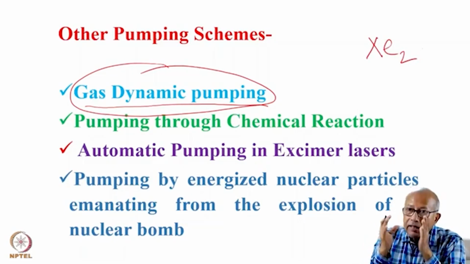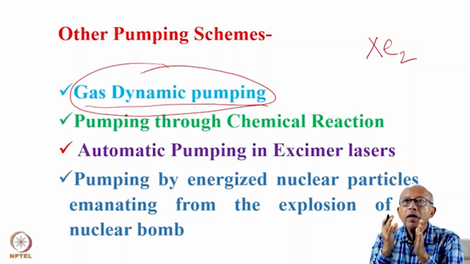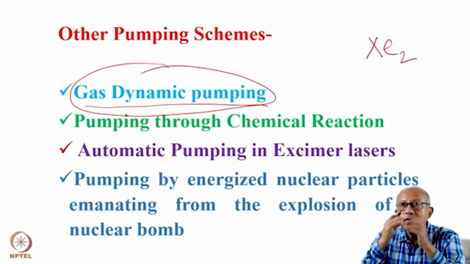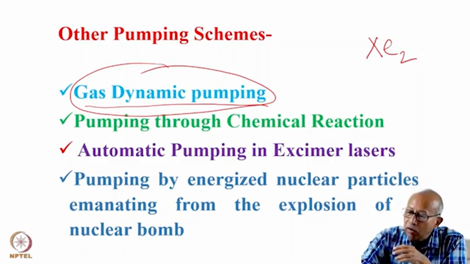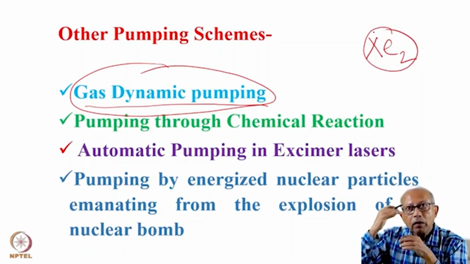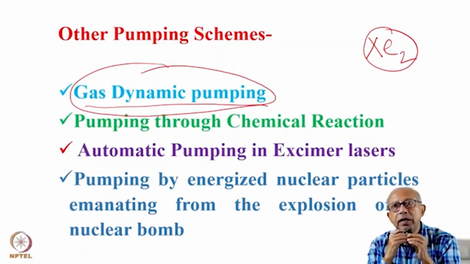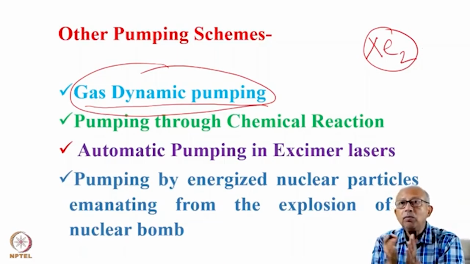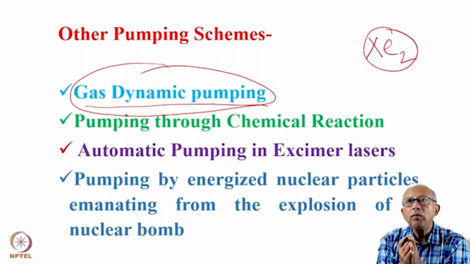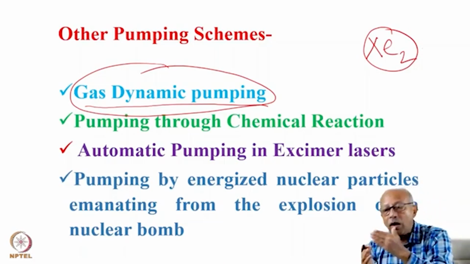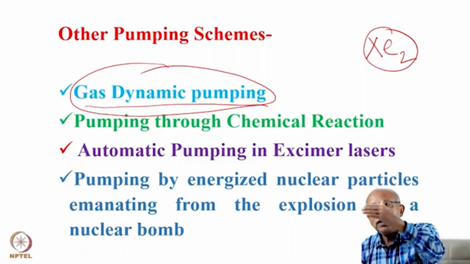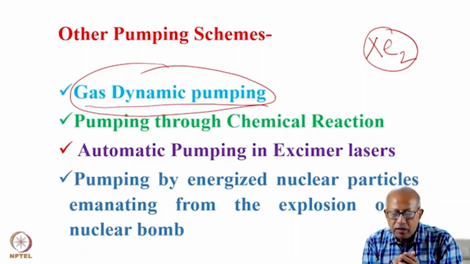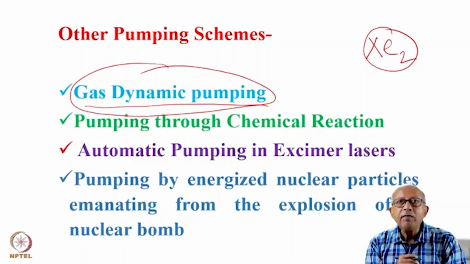When you excite it, the electron makes it chemically active, and this xenon molecule is formed in the excited state, because the ground state doesn't exist. Inert atoms cannot form a molecule. So whatever you have formed, you have actually created a population inverted state. Such lasers are called excimer lasers.